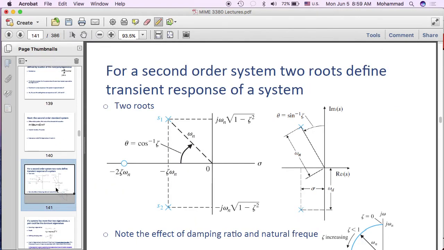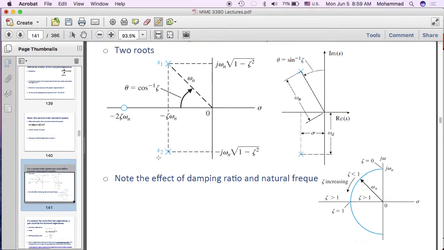And let me again remind you of this figure. This is a very important figure. You should be very, very, very comfortable knowing what this figure shows, what the importance of each of these dimensions are, damping ratio, natural frequency, and their relationship to the transient nature of the response of the second order system.